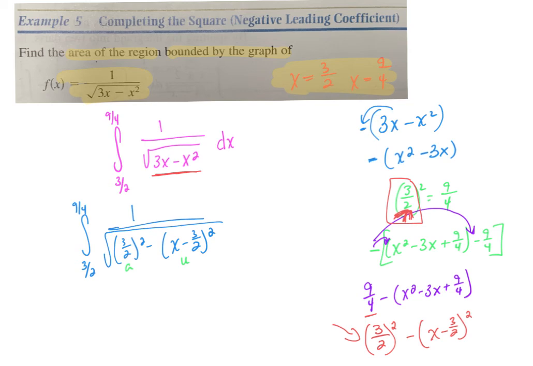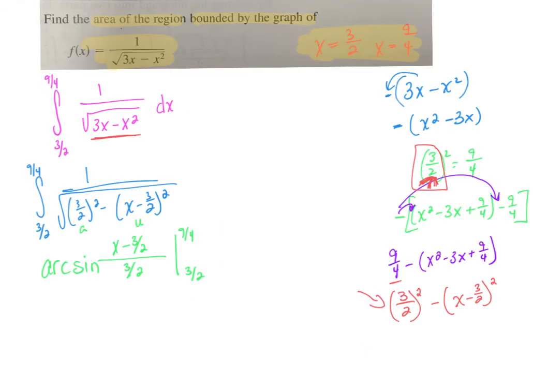My arc sine says that I take my function, which is my x minus 3/2, that's my numerator, and I put it over my a, which is just 3/2. And I'm doing that going from 3/2 to 9/4. My last step here is literally just to plug it in. I'm plugging in my top boundary and subtracting it from my bottom boundary, right?